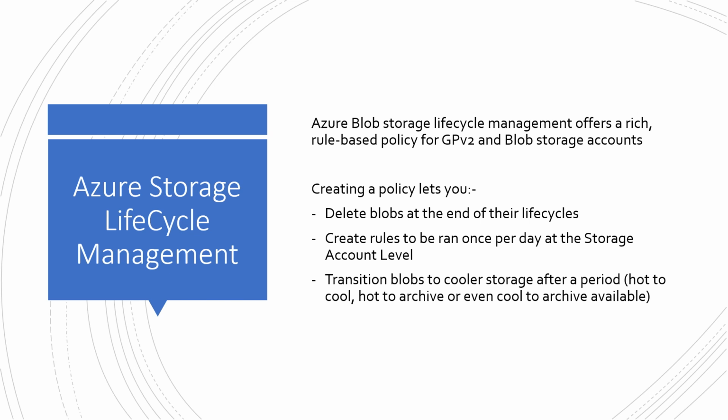Now, let's look at a scenario. Consider the scenario where data gets frequently accessed during the early stages of a life cycle, but only occasionally after 2 weeks, and beyond the first month, the dataset is rarely accessed. In this scenario, hot storage is recommended during the early stages.